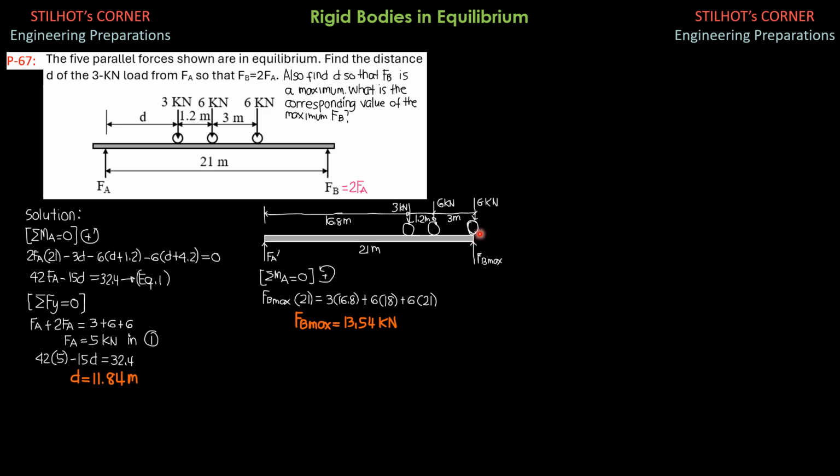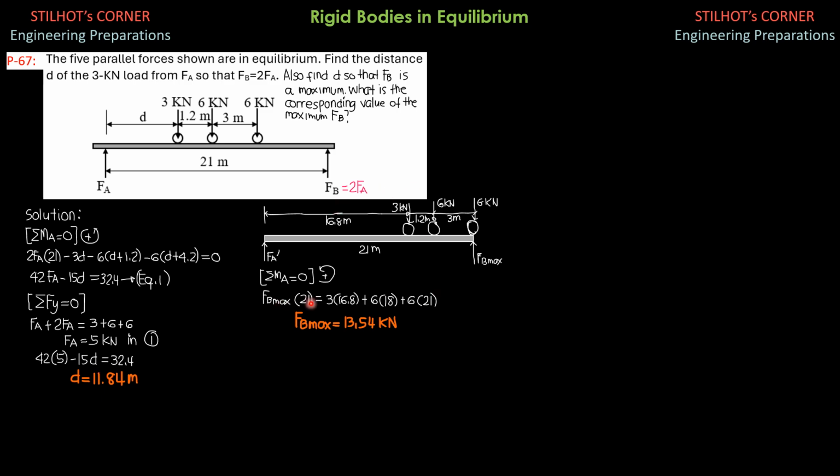So having placed the loads here, we can now compute FB max by summing up moments about point A equals 0. So we have counterclockwise positive again, so counterclockwise equals clockwise moment.